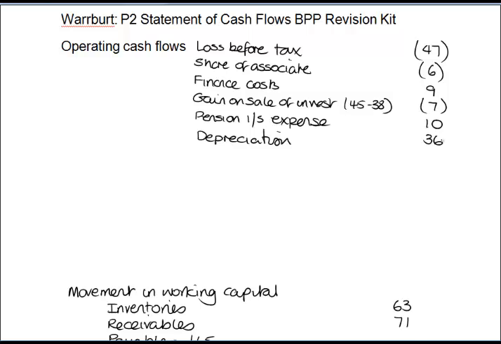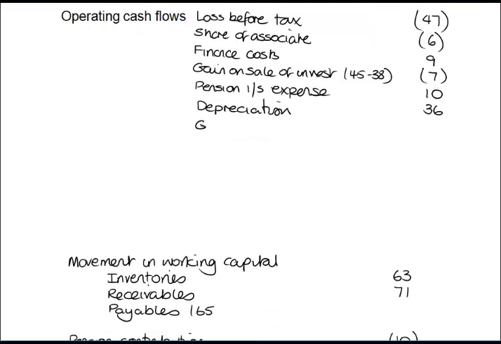So what I'm going to do here is to say that we've got the gain on the destroyed plant. That's a gain in the income statement. It's a non-cash gain, so I'm going to deduct it in my cash flow statement. We're told that the disposal proceeds were 63 million.